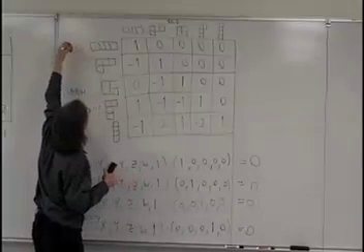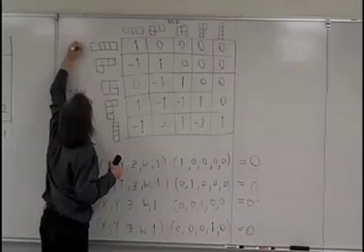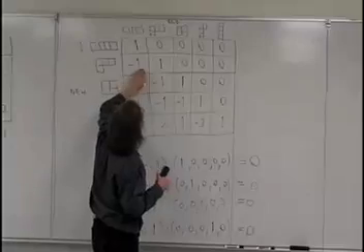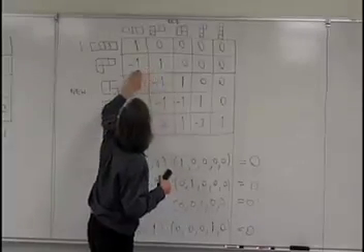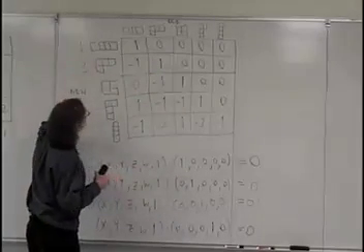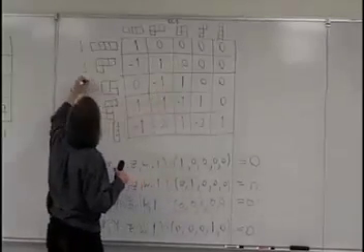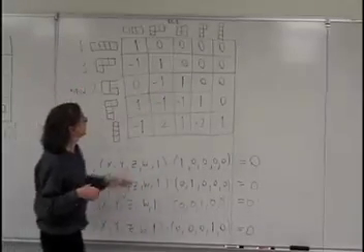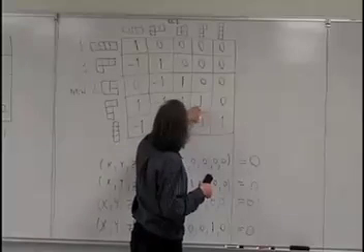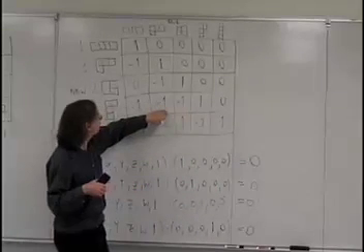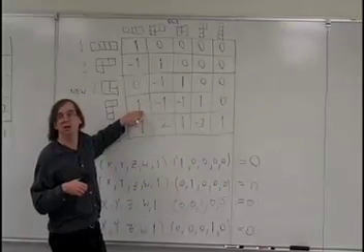So out here I'm getting 1. Here I'm getting 4 minus 1 is 3. Here I'm getting 6 minus 4 is 2. Here I'm getting 12 minus 6 minus 4 plus 1 is what? 3.